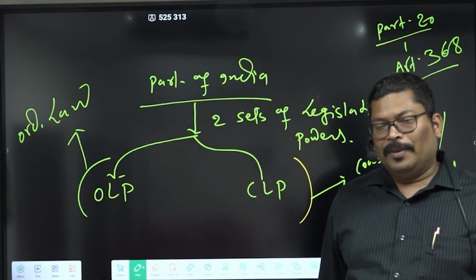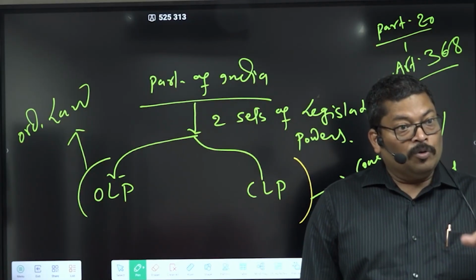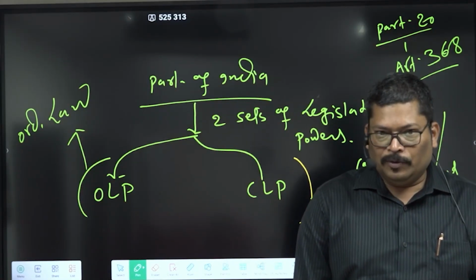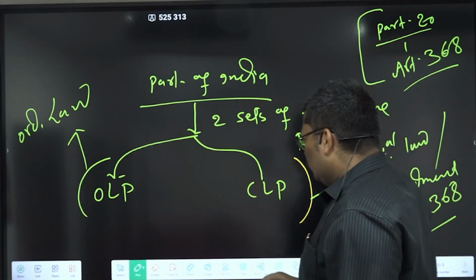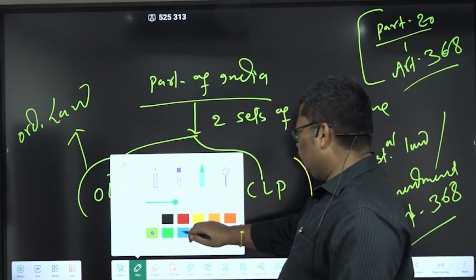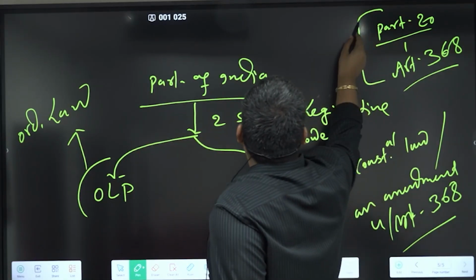At the same time, Article 368 also tells you about the power of the Parliament to amend the Constitution. So, Article 368 deals with two sets of information.